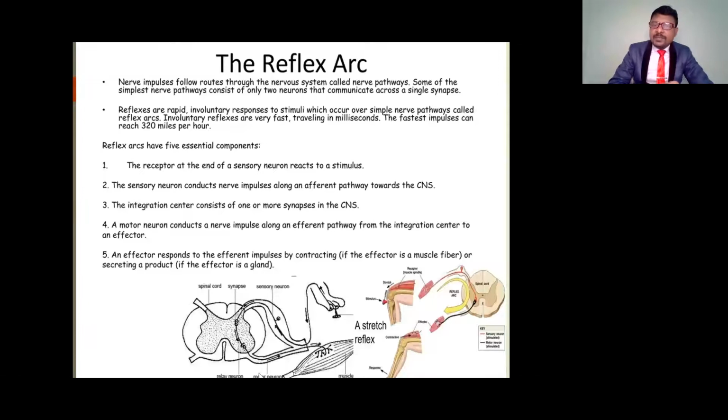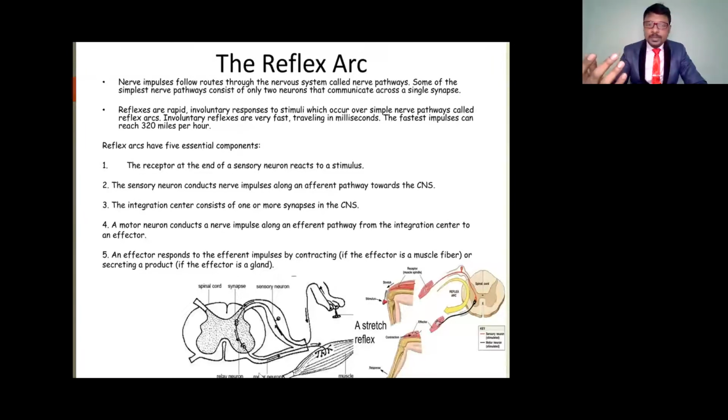Involuntary reflexes are very fast, traveling in milliseconds. If anybody pinches here, automatically within a fraction of a second, within milliseconds, the impulses are transmitted to your spinal cord and you get the response within milliseconds. For example, if you are listening to music with your eyes closed and anybody pierces or pinches your skin, within a fraction of a second you wake up and become alert.